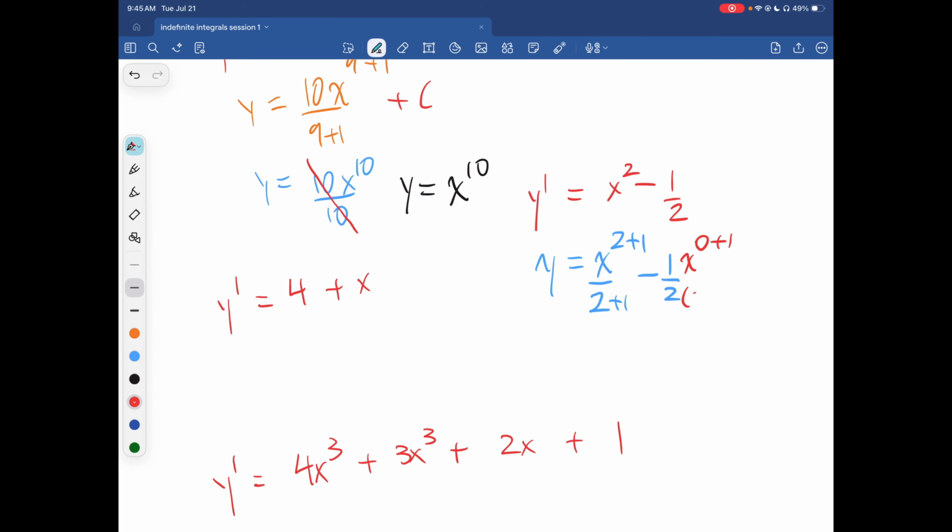So this is multiplied by 0 plus 1. You could call that 0 as well, or 1, sorry. And this is plus c, all at the end. Some form of constant. So we have y equals x to the 3 over 3 minus 1x over 2, sorry. And then this is plus c.